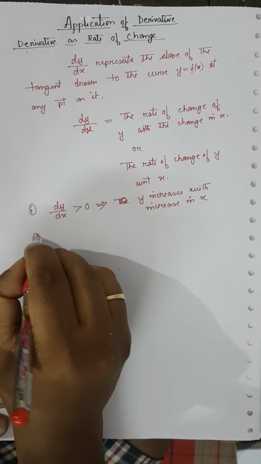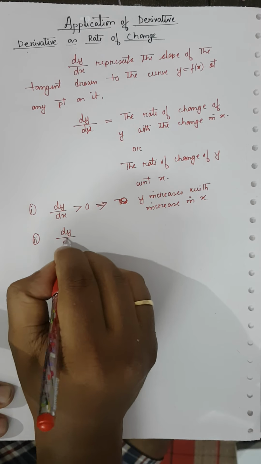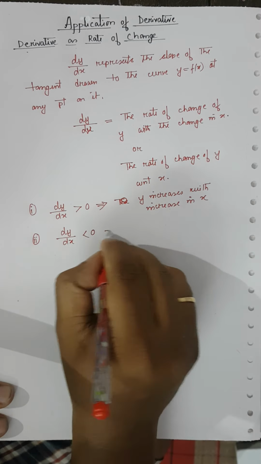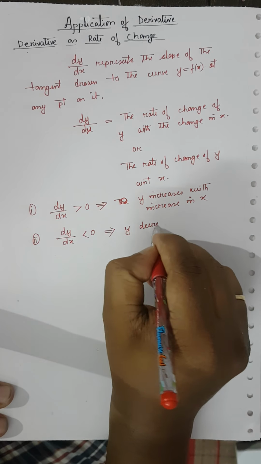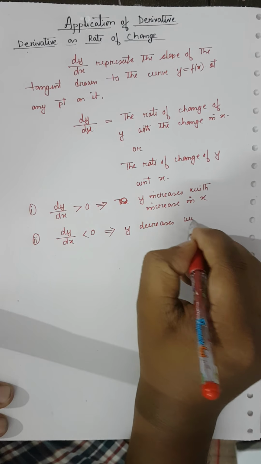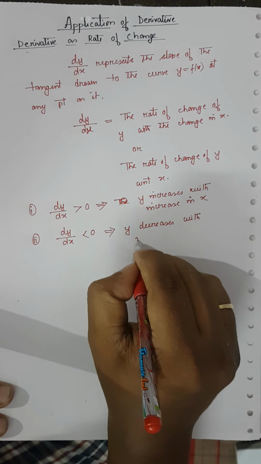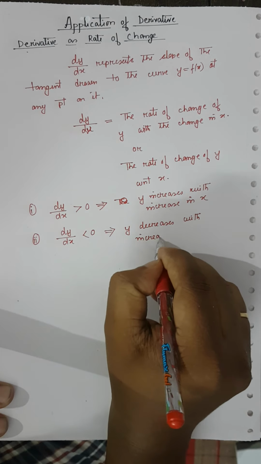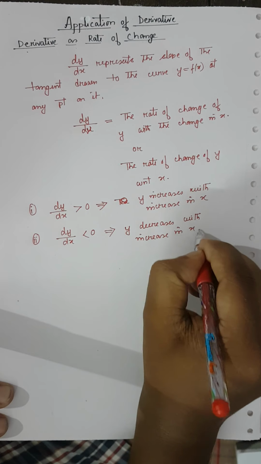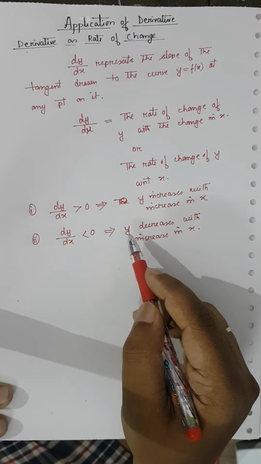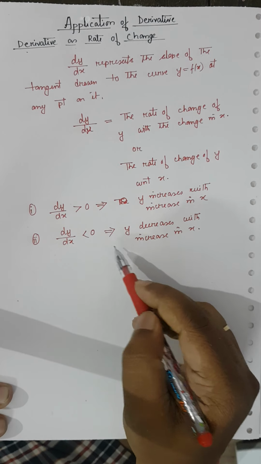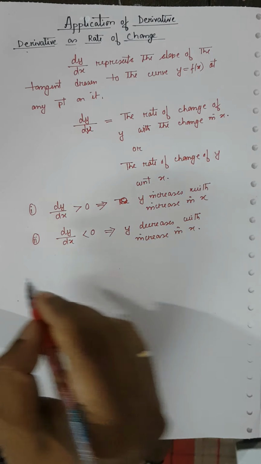Number 2, when dy by dx is less than 0, then it represents y decreases with increase in x, that is the rate of change of y is decreasing with respect to x.